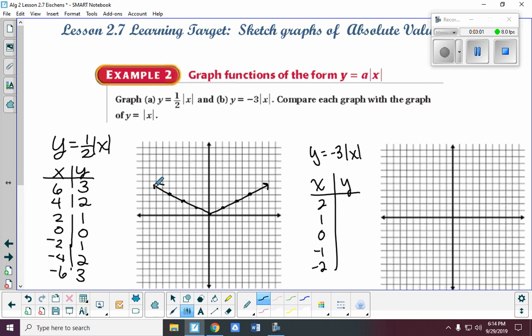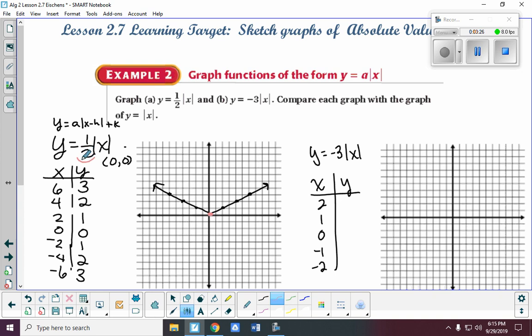Now, a couple things that I want to point out to you. The general form, remember, is a times the absolute value of x minus h, plus k. Well, in this one, we don't have an h and we don't have a k. So those would be 0 and 0. And sure enough, (0, 0) is the vertex of that absolute value graph. And in front is the a.